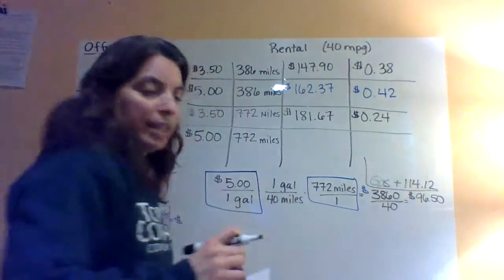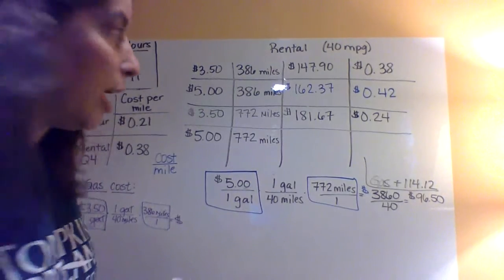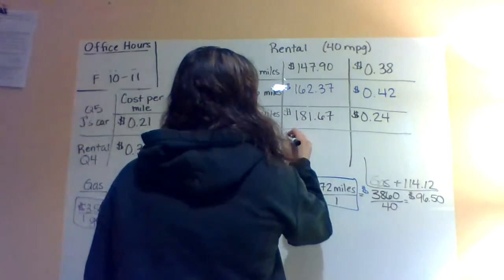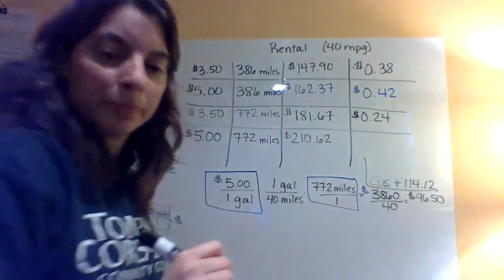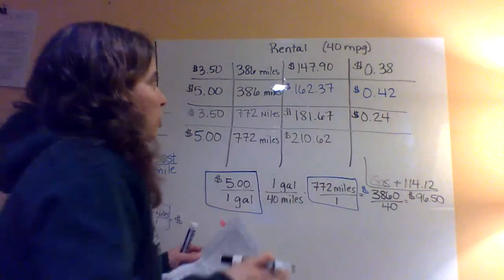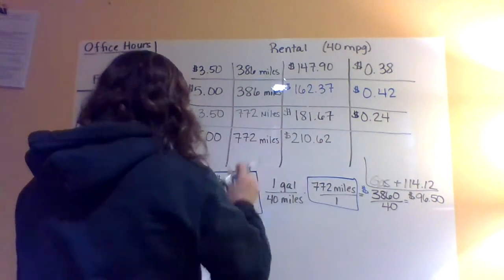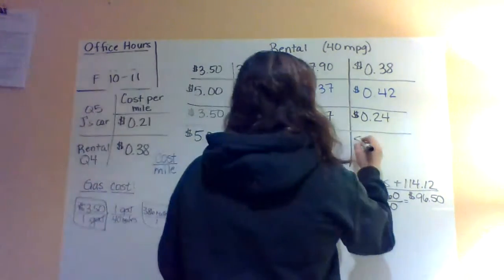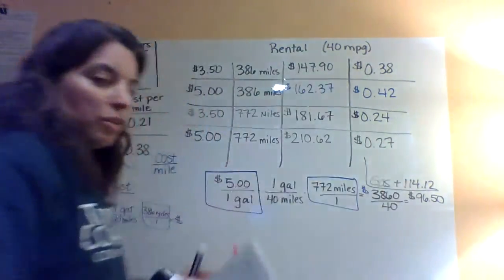I add the 96.50 to the 114.12 and I'm going to get 210.62. When I divide that now, cost per mile, so I take this, I divide it by 772 miles, I'm going to get, if we round to the nearest penny, 27 cents per mile.